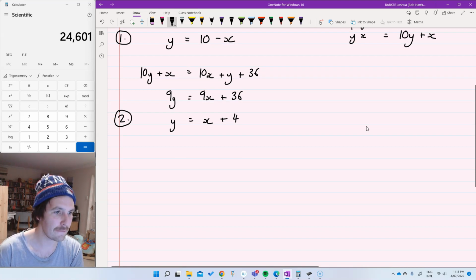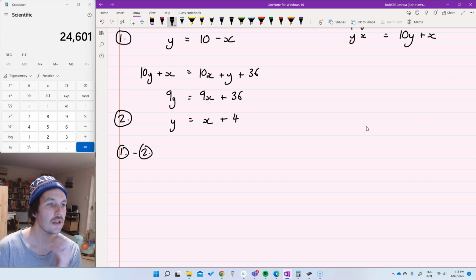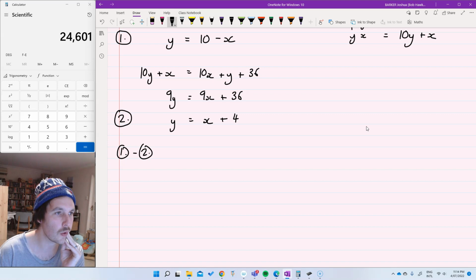Which way around do I want to do it? I'll go 1 take 2 for this one. So equation 1, take away equation 2. That's going to leave me with y take y is 0. 10 take away 4 is 6. And negative x take away x is negative 2x.